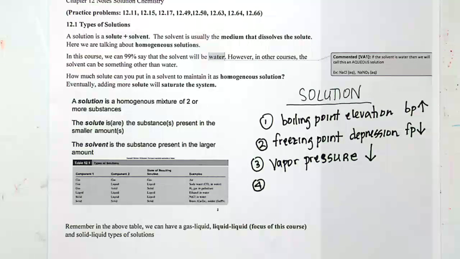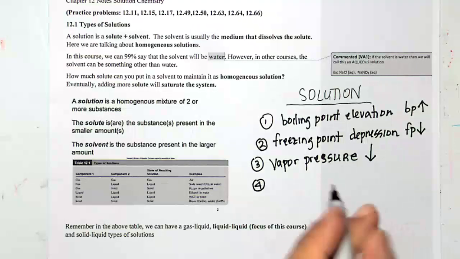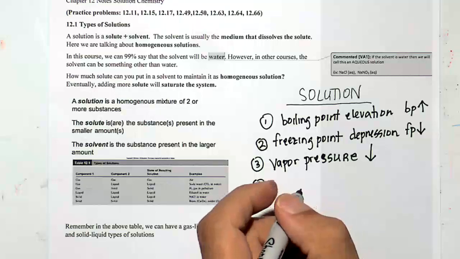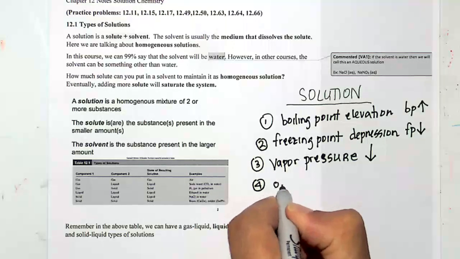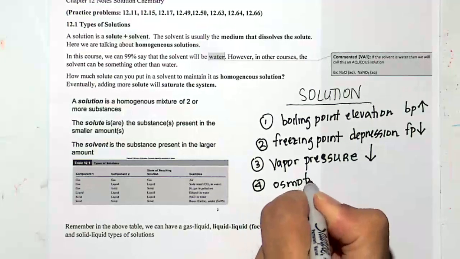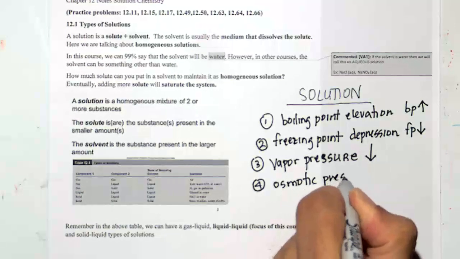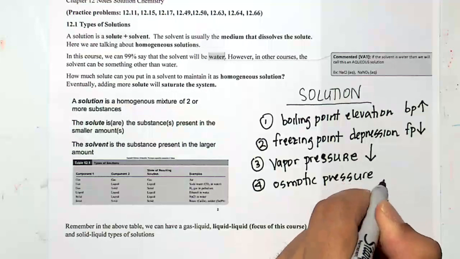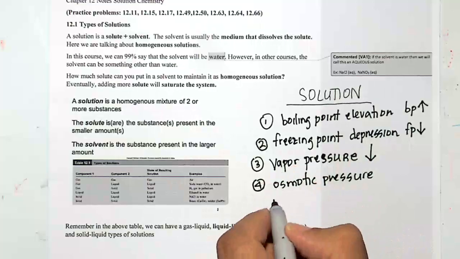And then finally, are there any biology majors here? Okay, in biology, there's something called osmotic pressure. So you develop an osmotic pressure in the presence of a membrane, in the presence of a semi-permeable membrane.